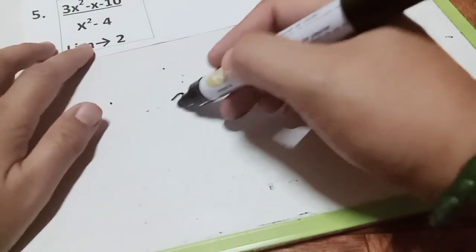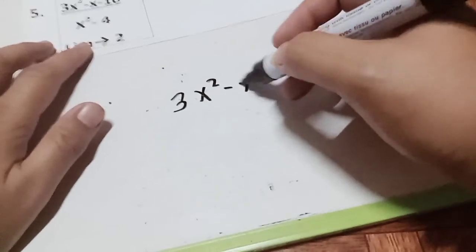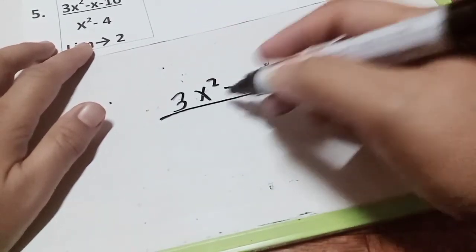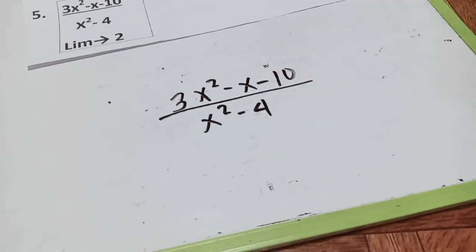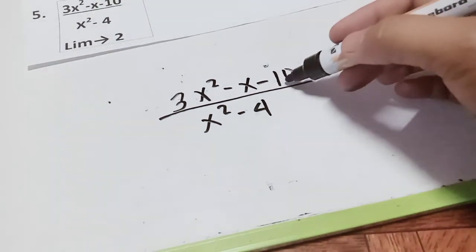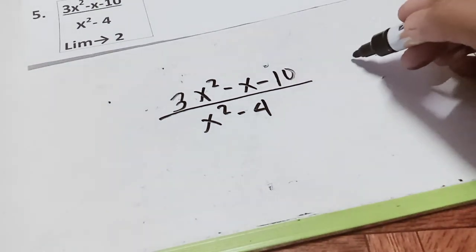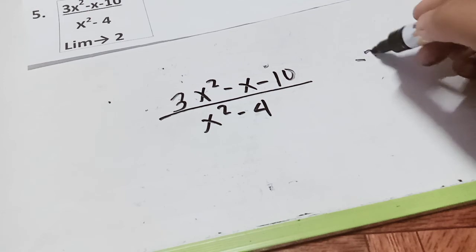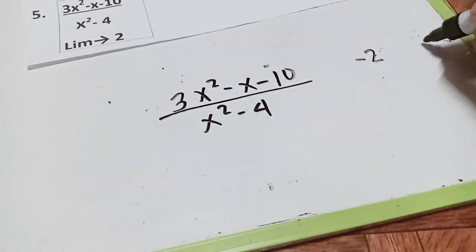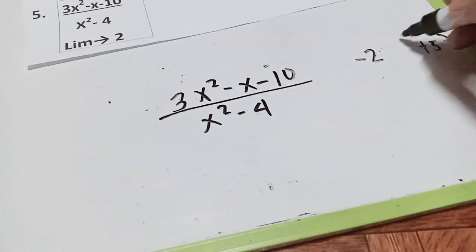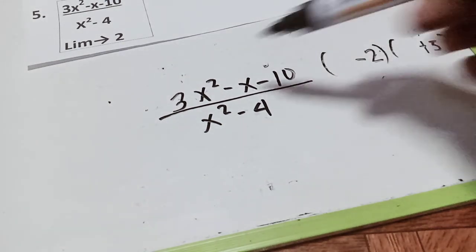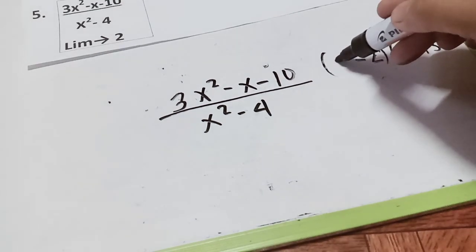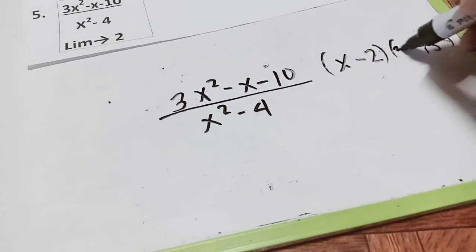Let's try to factor out 3x squared minus x minus 10, and then x squared minus 4. So how do we factor out this one? What's the factor of 3x squared? If that will be the 10, let's try negative 2 and then positive 5. And then for 3x squared, let's try to have x and then 3x.